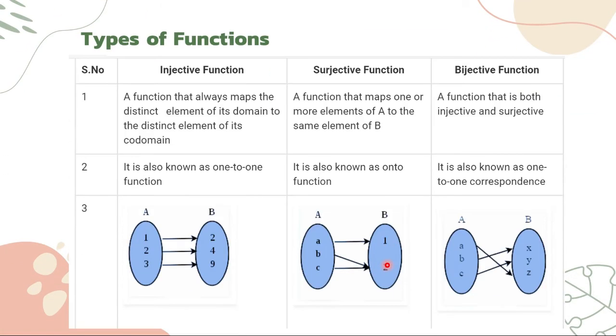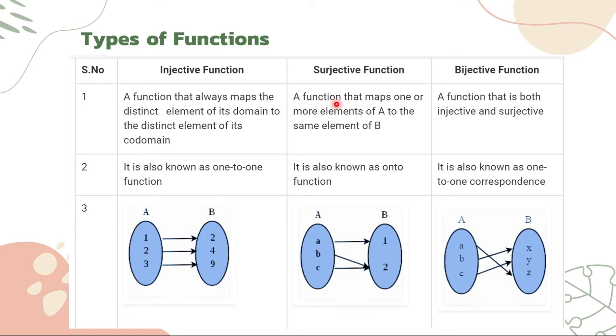So next, the types of function. Number 1 is injective function, surjective function, and bijective function. An injective function is a function that always maps distinct elements of its domain to distinct elements of its codomain.